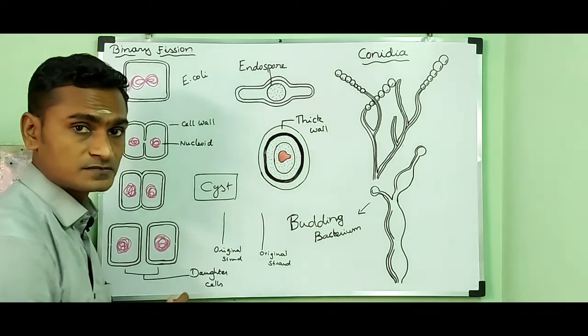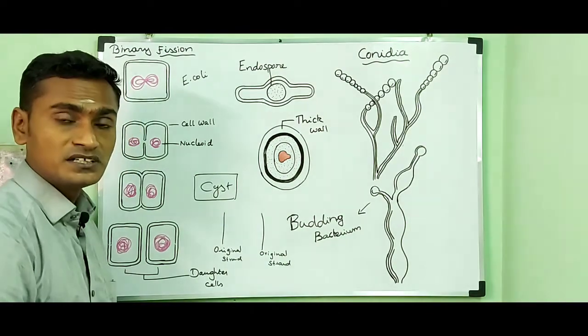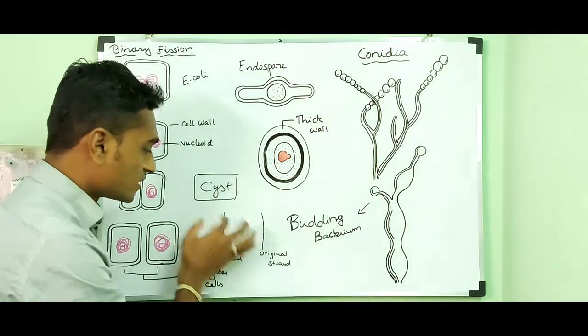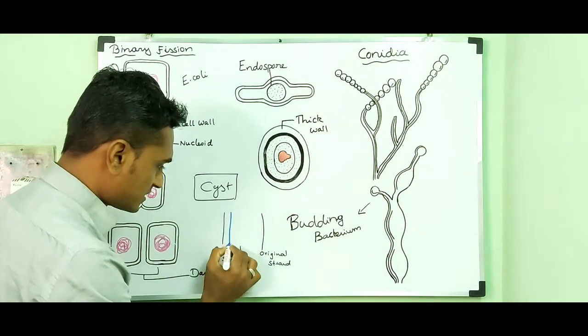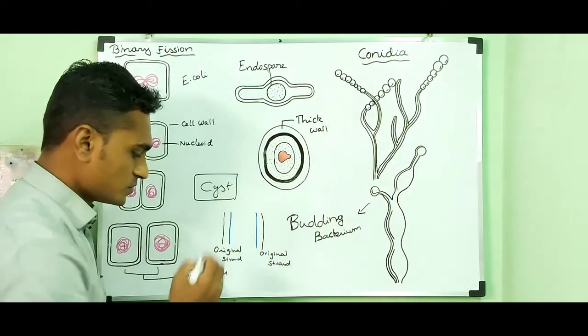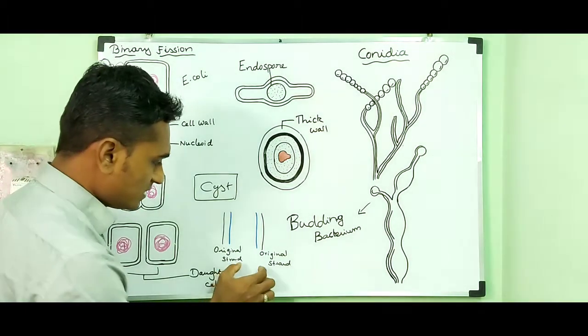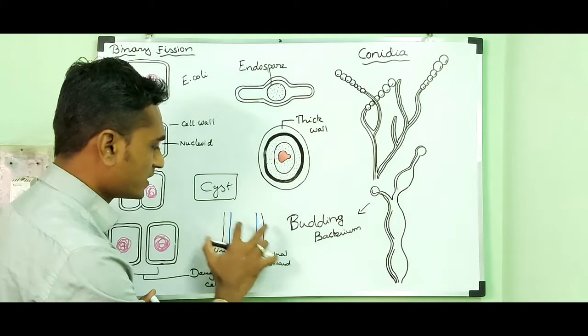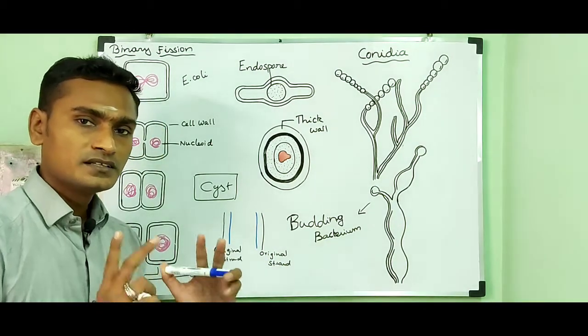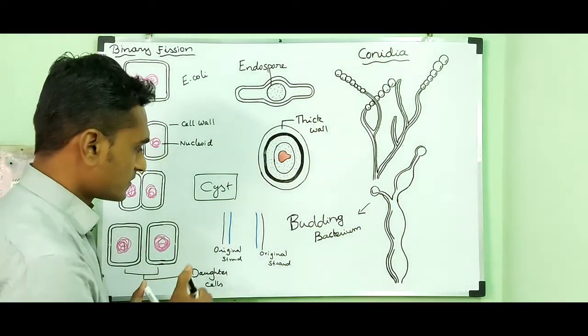Then during the replication process, complementary strands are produced on the original strands. Now you can find two identical double-stranded DNA.